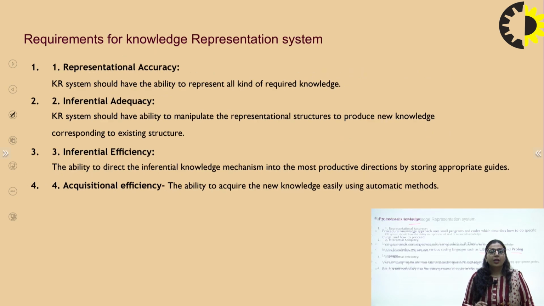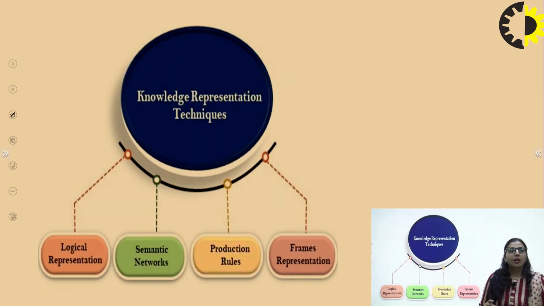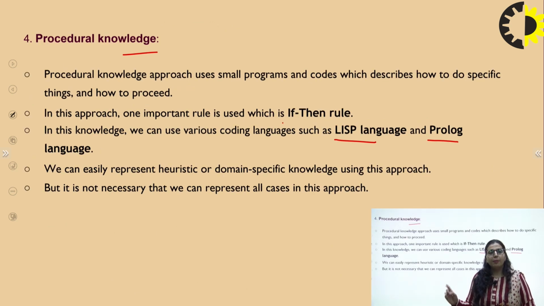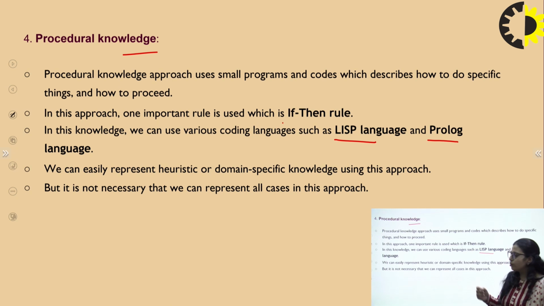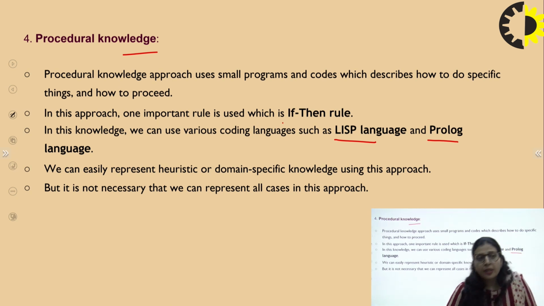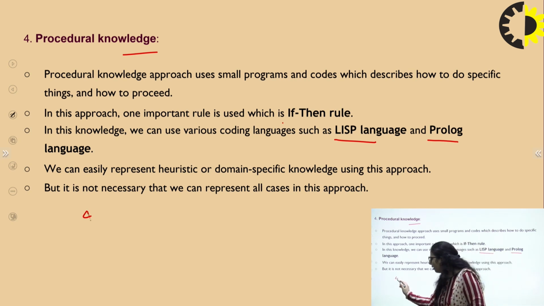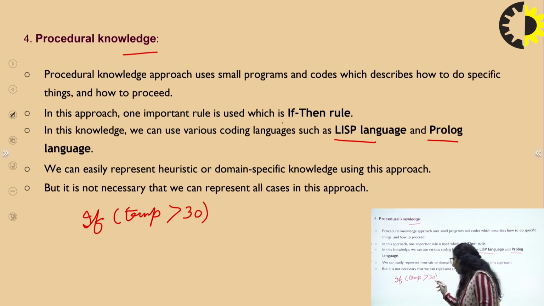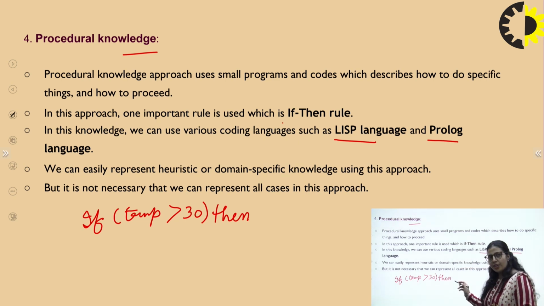So, to represent the knowledge, these were the approaches. I can also give an example of procedural knowledge, like: if temperature is greater than 30, then what action does it need to take?